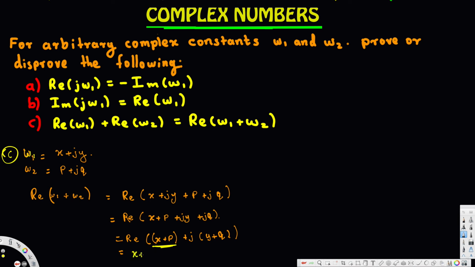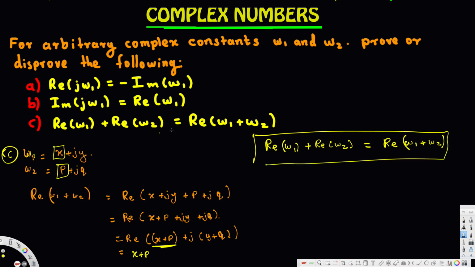So x + p is the real part of w1 + w2. The real part of w1 is x, and the real part of w2 is p, and that is equivalent to the real part of w1 + w2. Therefore we proved this one is true. That's the third one. That's how we do that. I hope this helps. Thanks for watching.